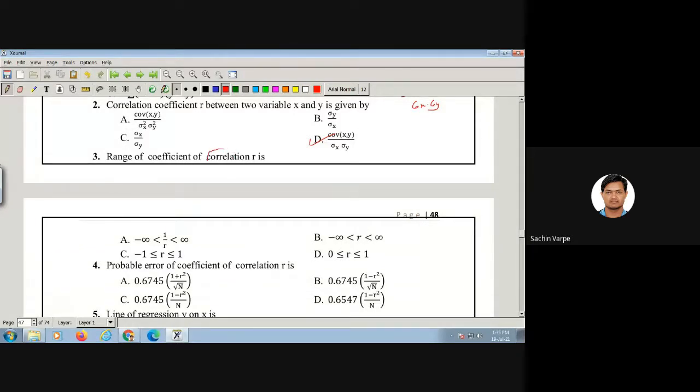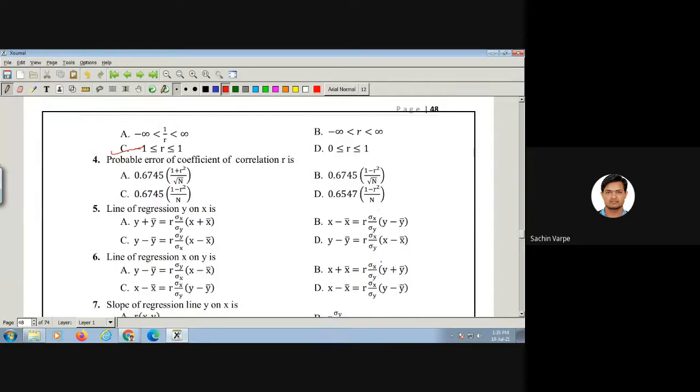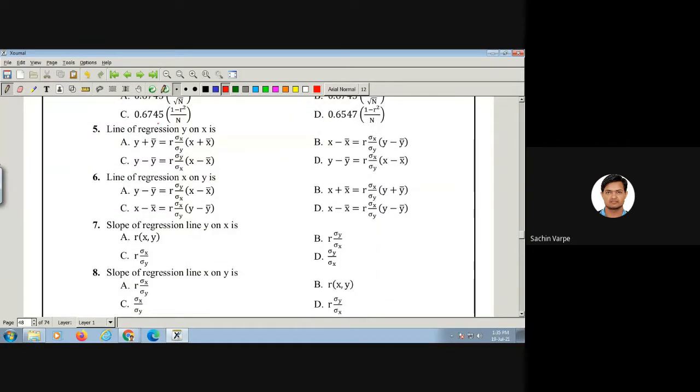Range of r: r always lies between -1 to 1. Line of regression of y on x is y minus y bar equals r into sigma y by sigma x into x minus x bar. X on y is x minus x bar equals r into sigma x upon sigma y into y minus y bar.